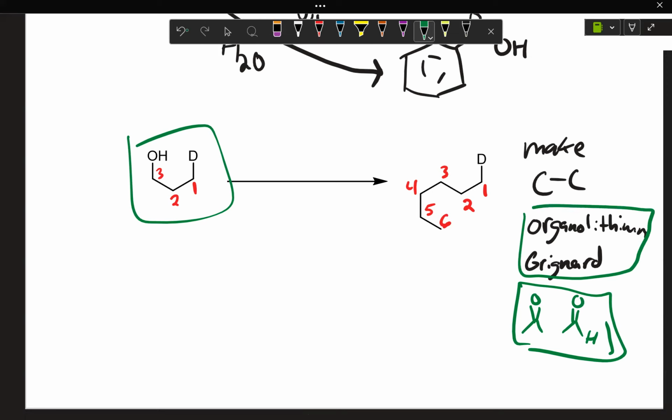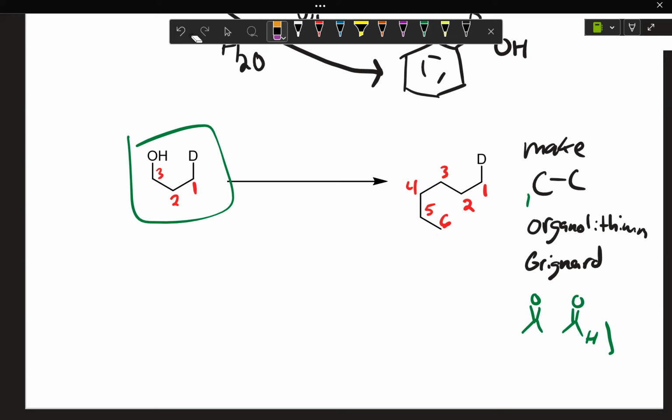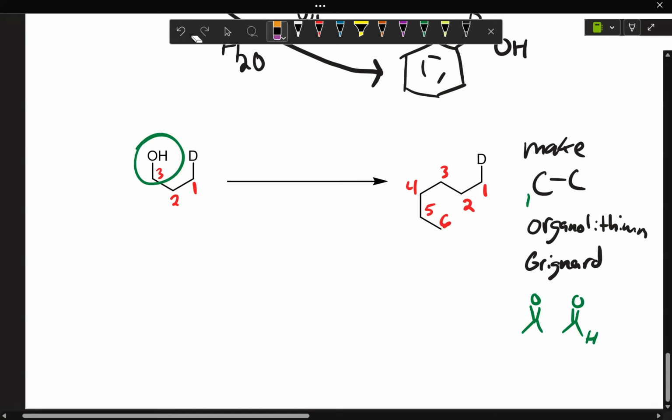So then we can use an organolithium or a Grignard to add on these carbon-carbon bonds. So can we get this alcohol to an aldehyde or ketone? Yes, we can oxidize it. And we can turn it into an aldehyde.